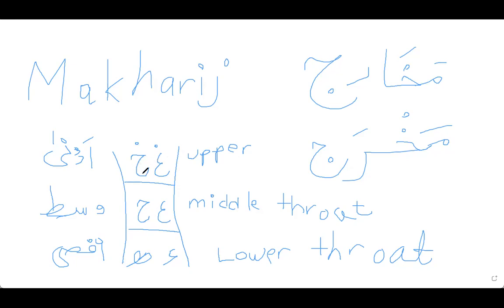The easiest way to memorize it: when you eat something, everything is intact. But when it goes into the middle throat, something is missing and there are no dots. And when you eat so much, you say ha.